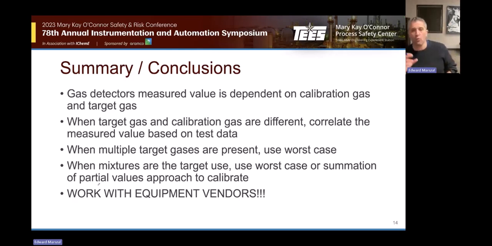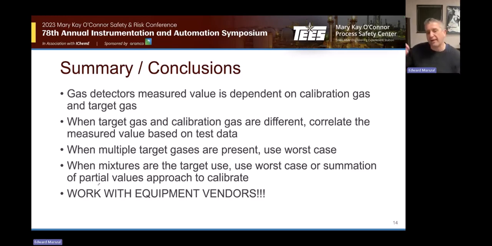And really, when you're setting up your calibration sheets and your calibration procedures, you need to make all this abundantly clear. Don't assume that the technicians just know. You need to list out the type of gas they should be calibrating to, the type of gas that they're actually trying to detect, and all of those calibration factors. Don't assume, make everything very clear.